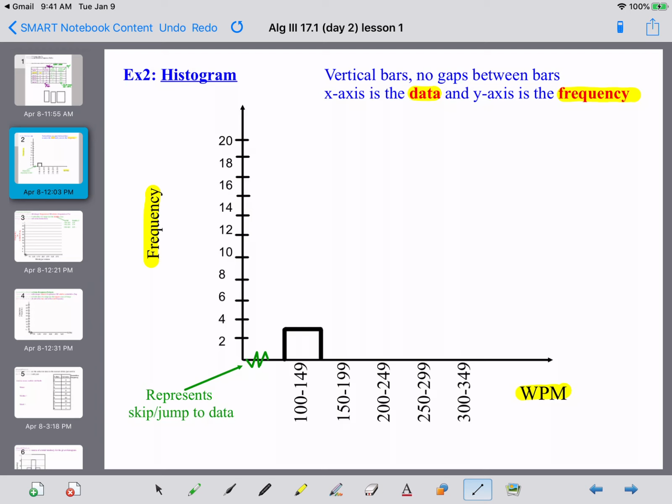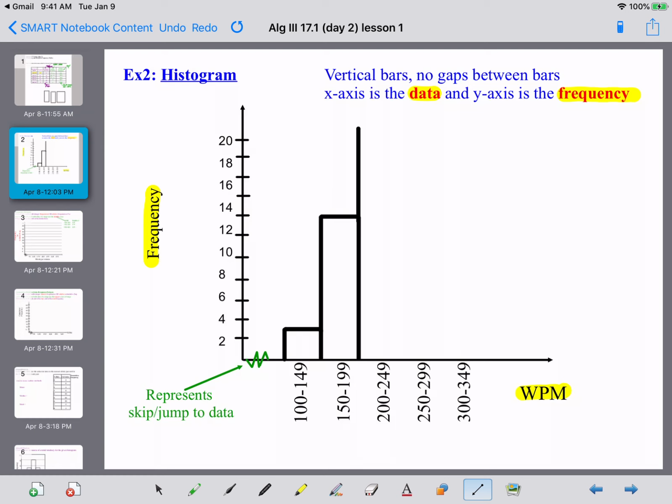Between 150 and 199, we had 14 people. So that would be up to here. And then we would go over and down. I'm actually going to make that a little bit wider. Okay. In the next range, we had 21 people typing between 200 and 249.